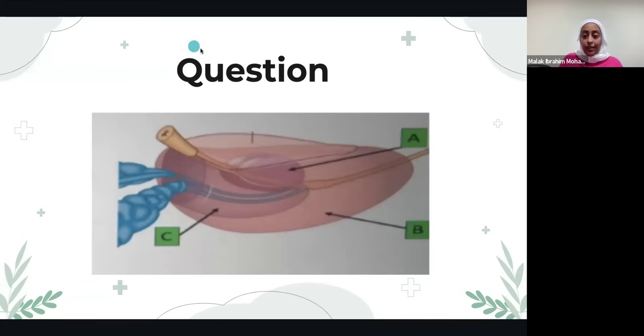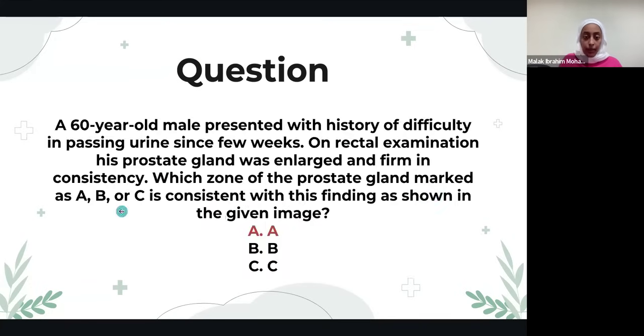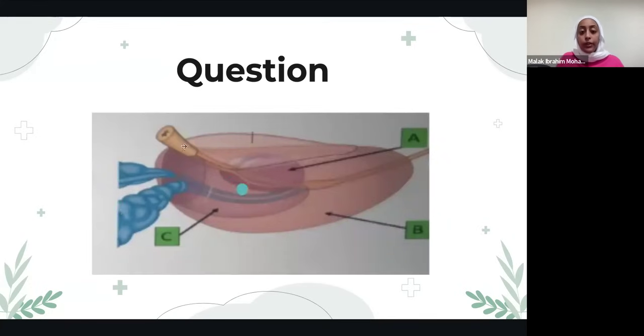Okay, I'll give you the answer. The answer is A, and I'll explain why. First thing, this is the urethra. The part that surrounds the urethra, we said what zone surrounds the urethra? Transitional zone.